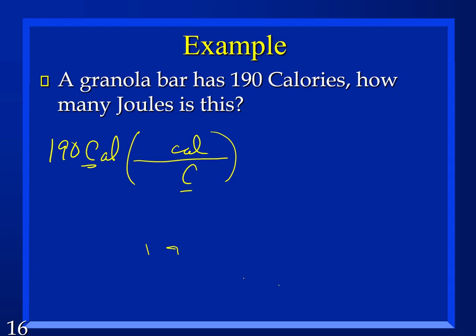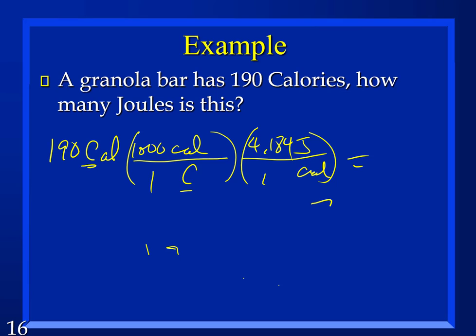And then I could go from calories to joules, because 1 calorie is 4.184 joules. So 190 times 1,000 times 4.184, and I get 795,000 joules.